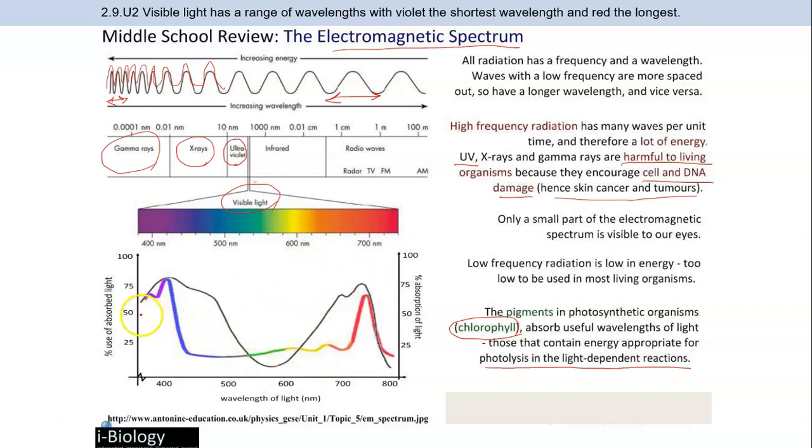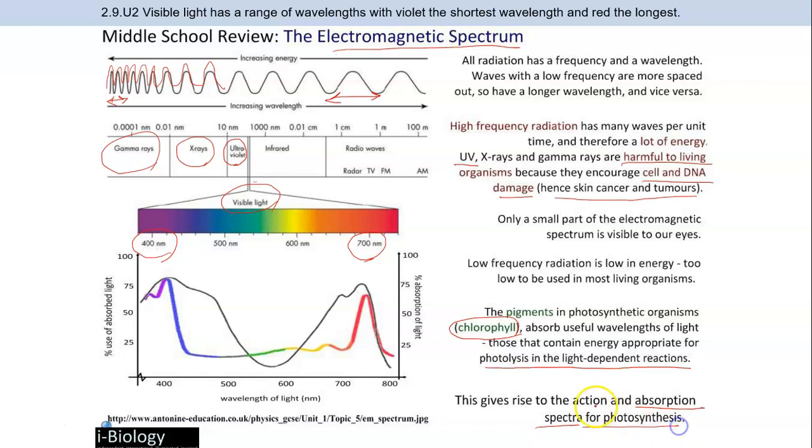Because of that, we have this graph, and we will explain it in the next slide, because it is important which wavelength is used by the chlorophyll pigment, followed by photolysis of the water molecules. Once we study this graph, that would be the absorption spectra for photosynthesis, or action spectra. So we have two definitions: action spectrum and absorption spectrum.